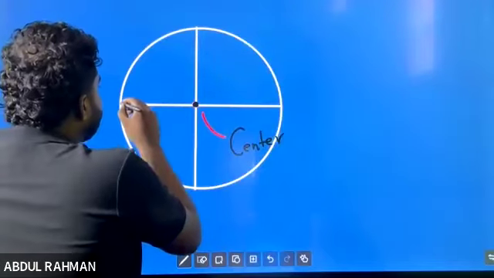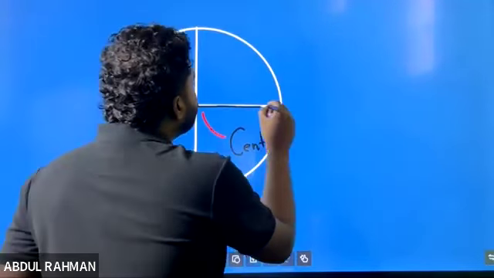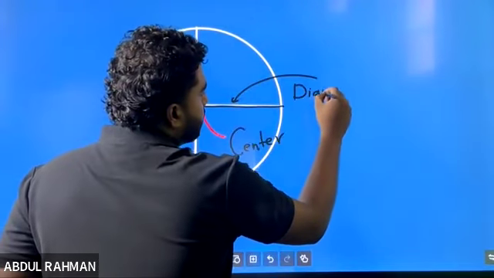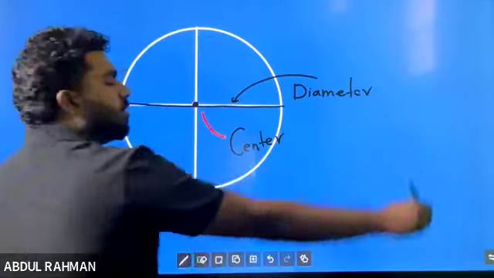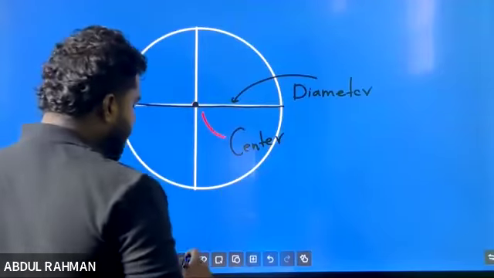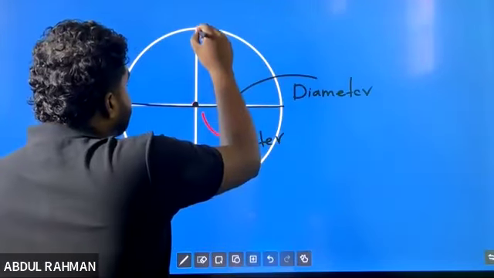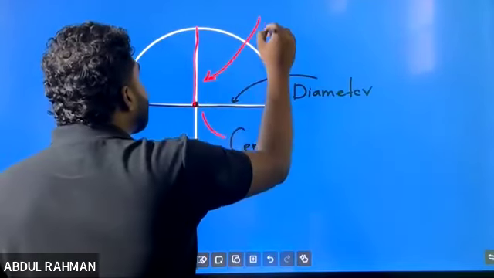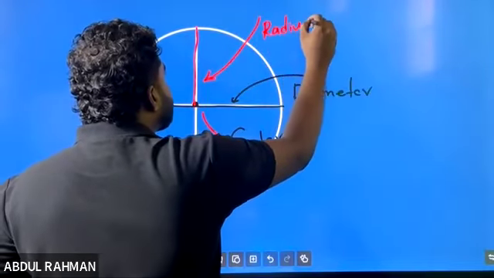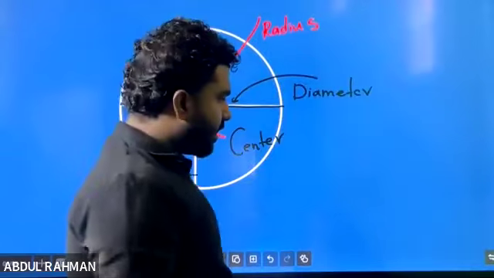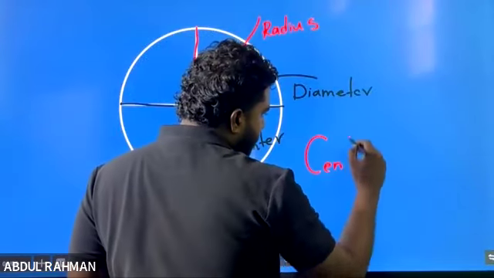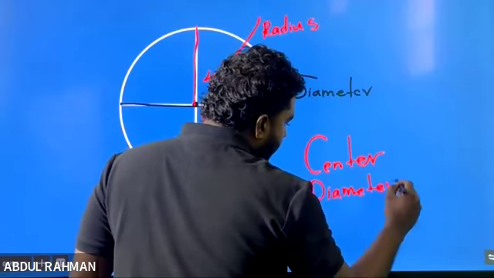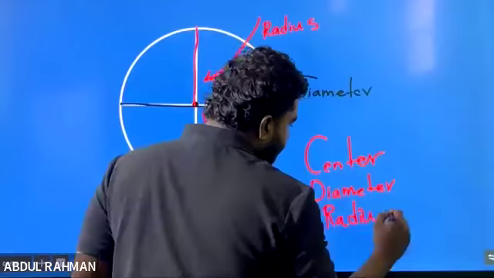The distance from this portion to this portion, you call it the diameter. Very important. And the distance from this portion to the center, I call the radius. Now I have three things: my center, my diameter, my radius.